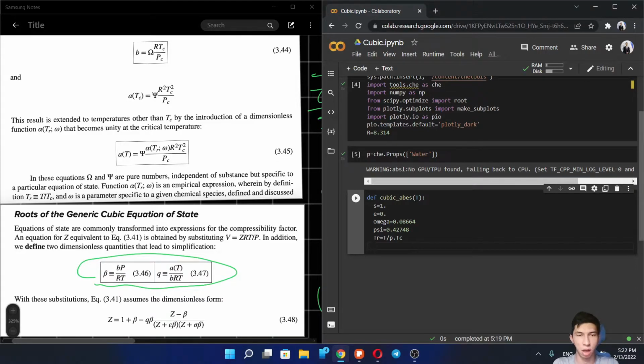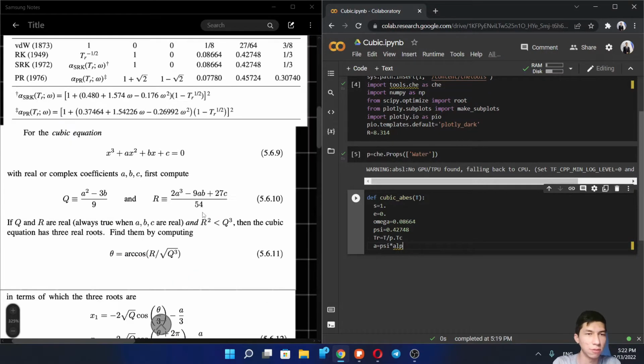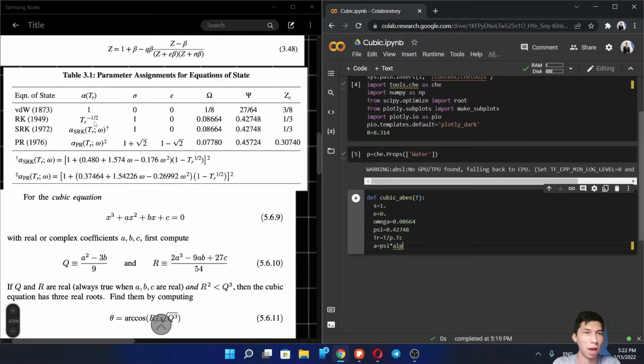So let's write the equation to find A. It's going to be equal to psi multiplied by alpha. So we need the value for alpha, right?